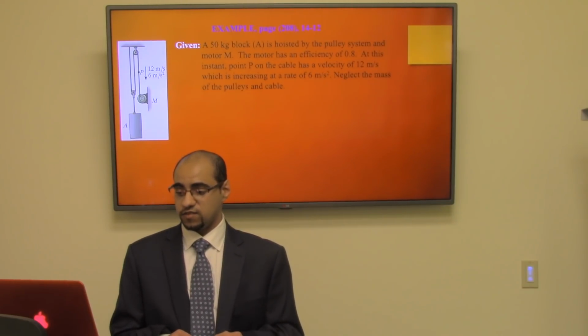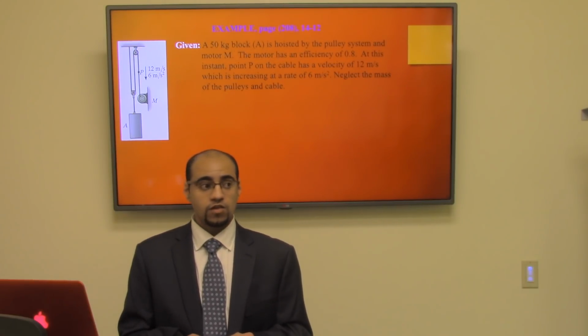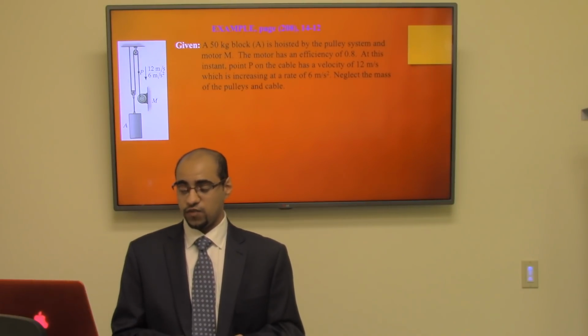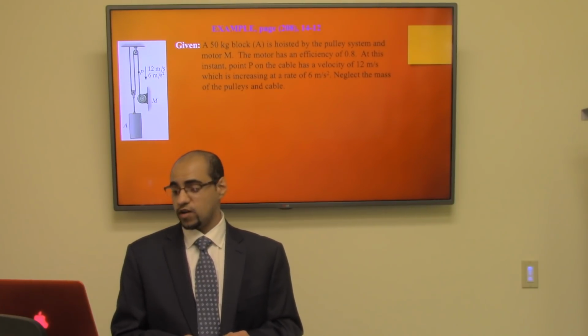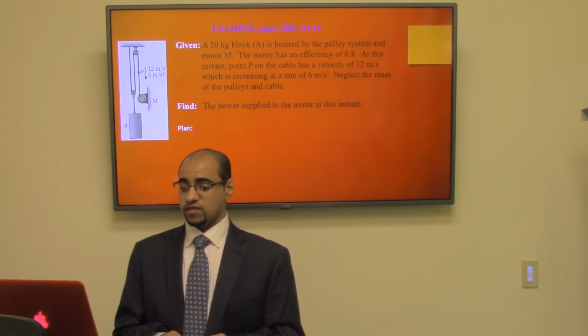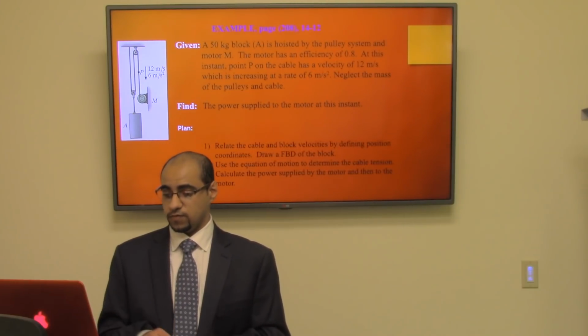At this instant, point P on the cable has a velocity of 12 meters per second, which is increasing at a rate of 6 meters per second squared. Now we have to find the power supplied to the motor at that instant.